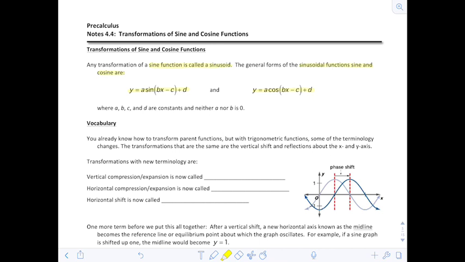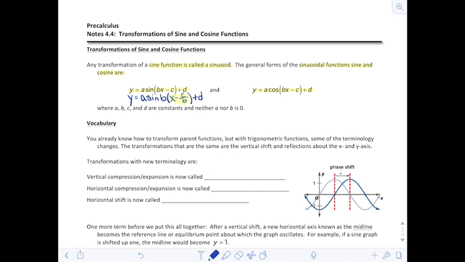One of the ways you might also see this written in other places is a times the sine of b times x minus c over b, plus d. In some textbooks or videos, some teachers like to always factor the b out, so that you have the straight x minus c over b, which we're going to learn is the horizontal shift inside the parentheses.